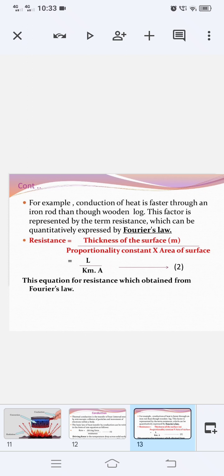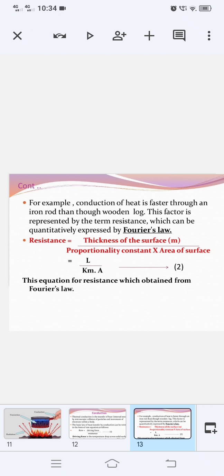So this factor is represented by the term resistance, which is expressed by Fourier's law. Now what is resistance here?